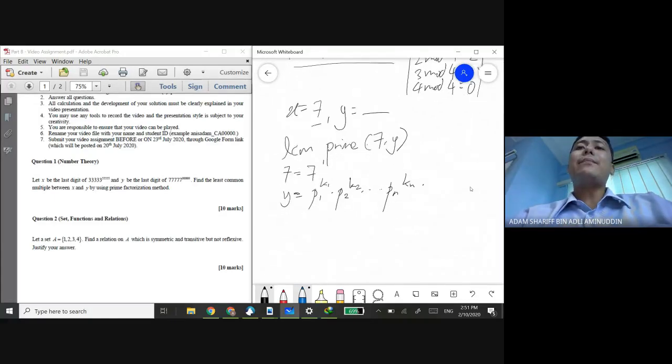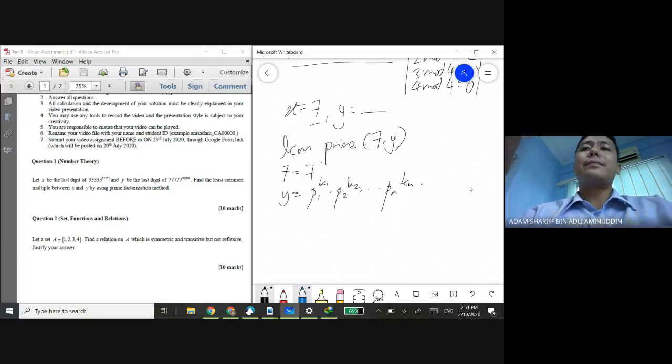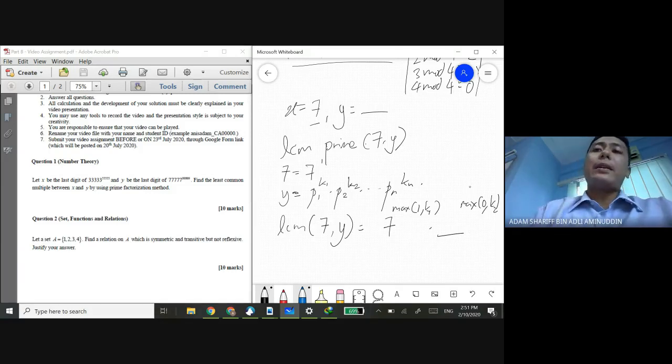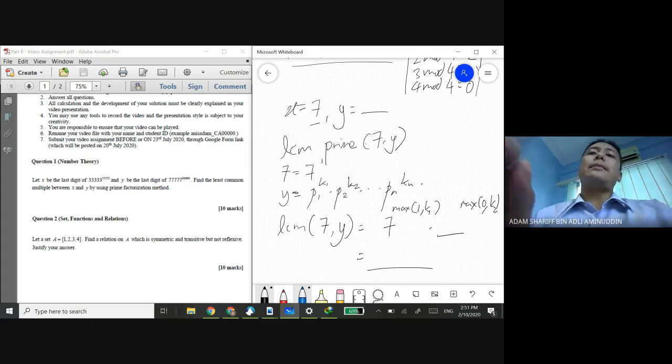Then using the maximum, you need to find the max of the exponents for each prime, and then you will get the answer. This is the prime factorization method.